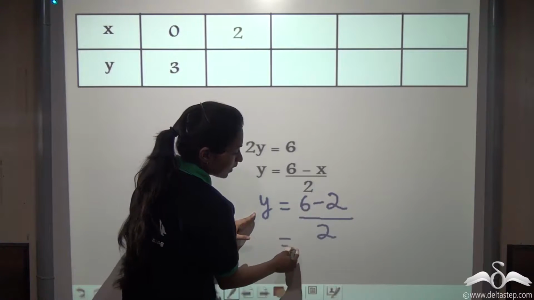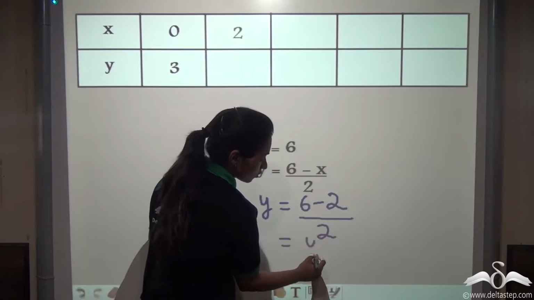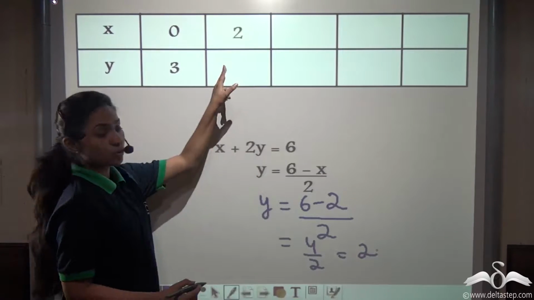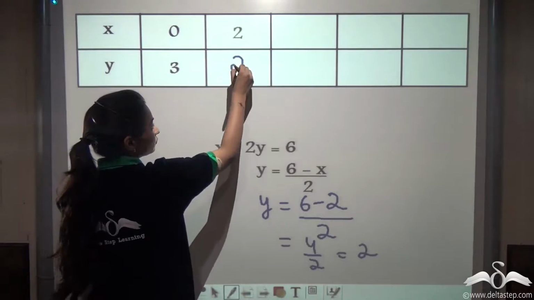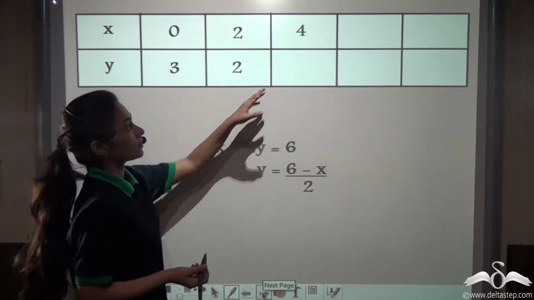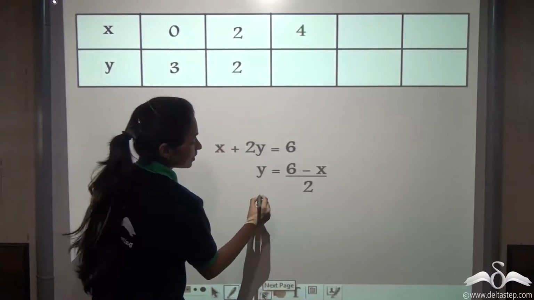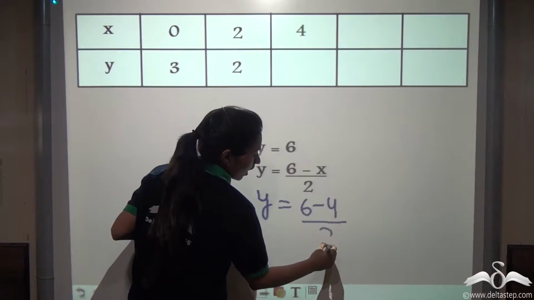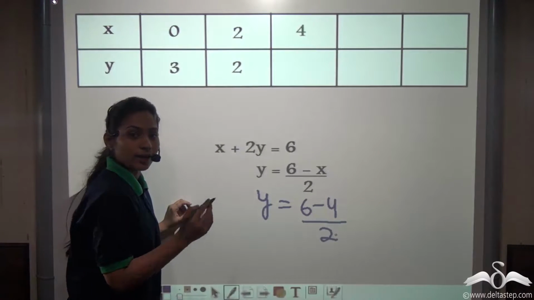So what do we get? 6 minus 2 is 4. So 4 by 2 will give you 2. So when x is 2, y is also 2. Now let's take the next value as 4. Substitute in place of x. Again, if you had taken 3, you would get a decimal number.